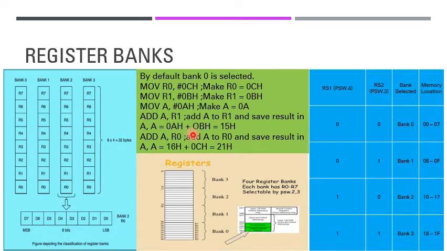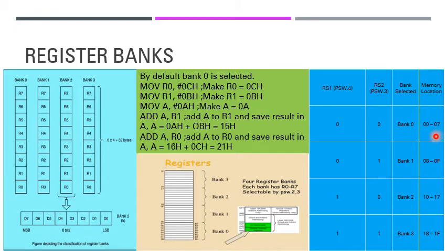A table is being shown here. This table shows how the banks are selected when the RS1 and RS0 bits are set in the program status word. If RS1 and RS0 are 00, then bank 0 is selected, that is, memory location 00 to 07.